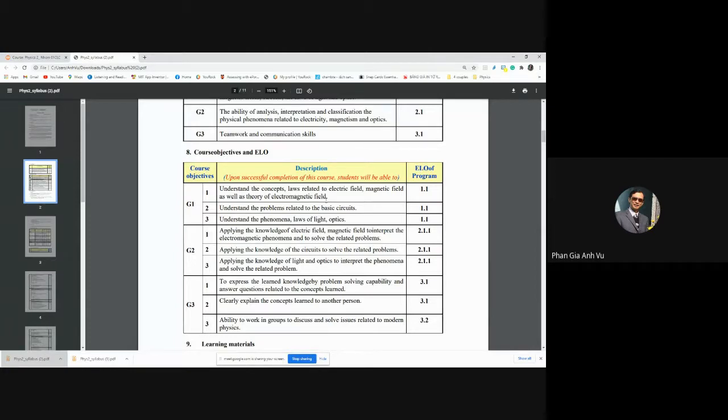For example, ELO 1.1 is for question number 1, question number 2 is related to ELO 2.1 and so on, right? So it is also a guide for you when you get the final exam. So this is about the ELO.